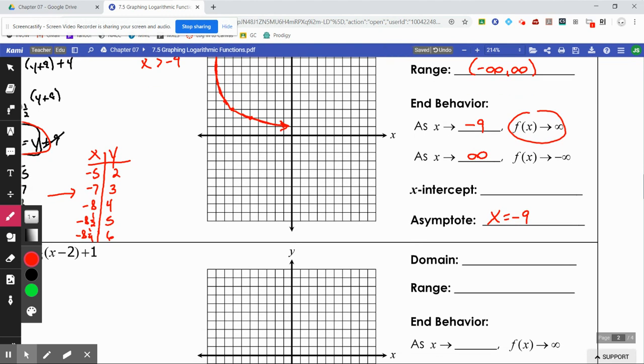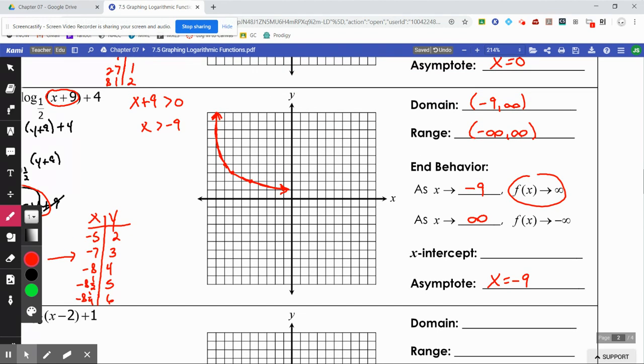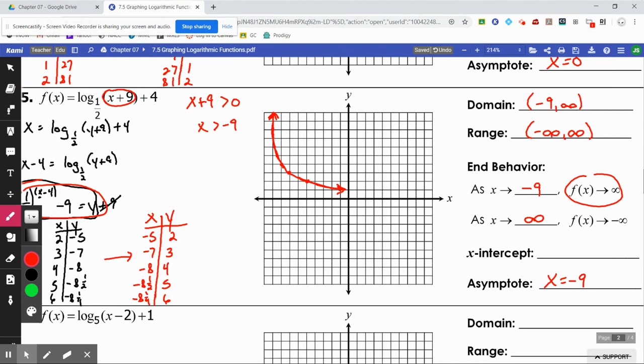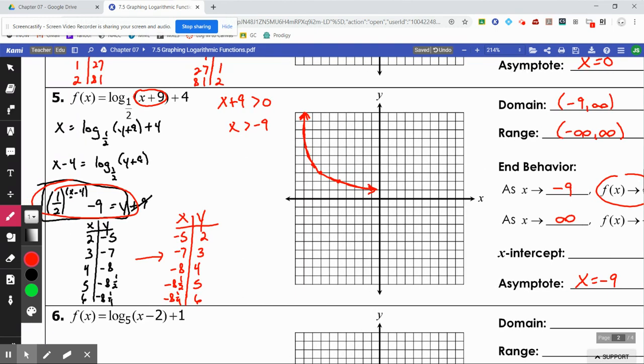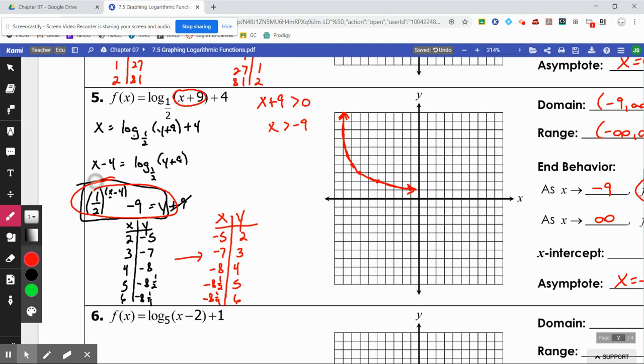Your x-intercept, again, we can't see it here. However, we could set our y value equal to 0 and we can solve it. Or think about it like this. You could take your inverse function and you could set your x value equal to 0, which is the same thing as setting your y value equal to 0 here. So let's take a look at that and see if we were to set x equal to 0 here, what would we get?